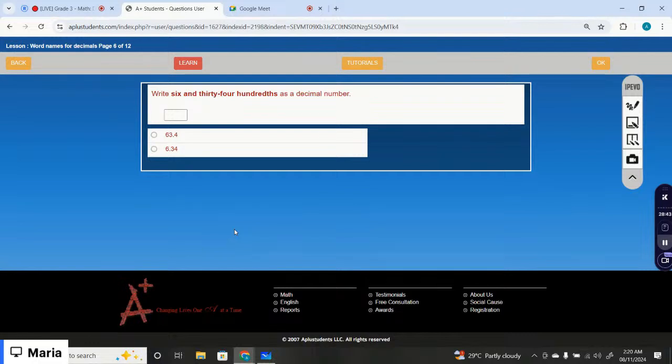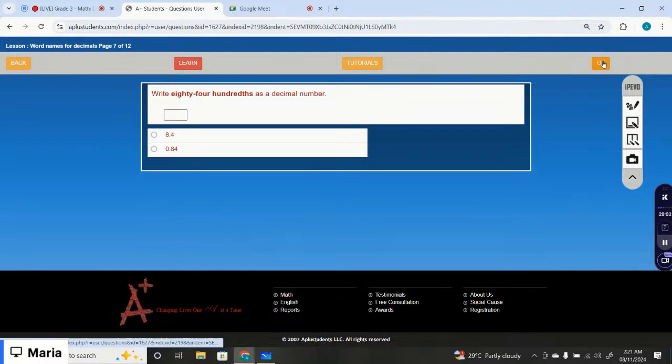That is 6 and 34. So option number 2 is the correct option, right? The number that is before "and" must be the whole number, and 34 hundredths, so that is 6.34. Very good.